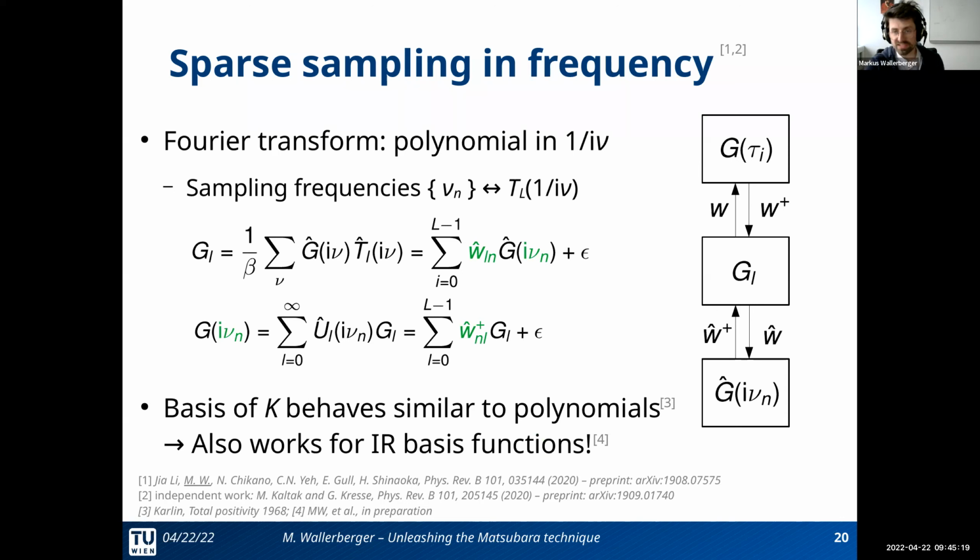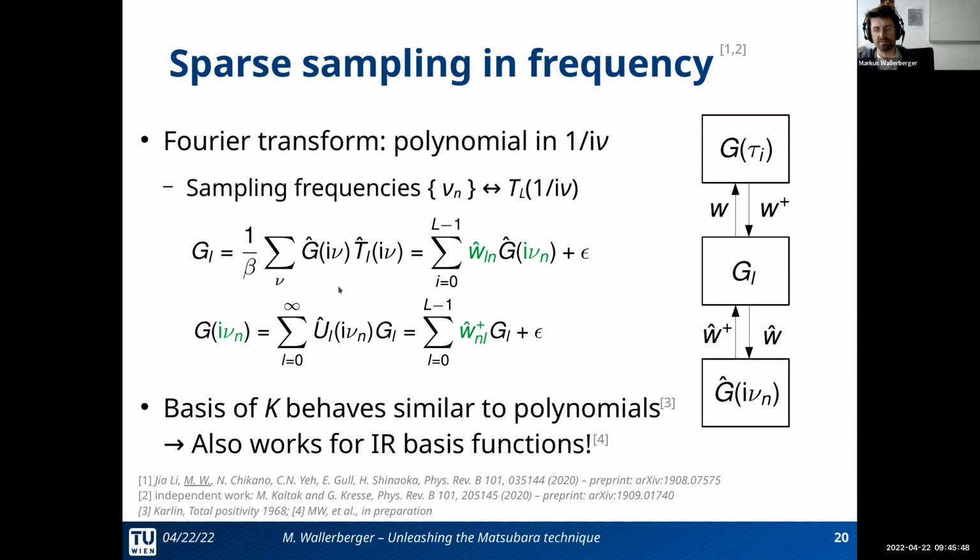And it turns out there is a similar thing for frequency. The reason is that the Chebyshev polynomials are also polynomials in 1 over the frequency if you take the Fourier transform. So that means you can do the same trick. You can construct a set of frequencies and you can evaluate that object in frequency from the coefficient.